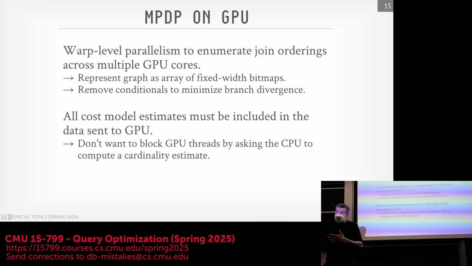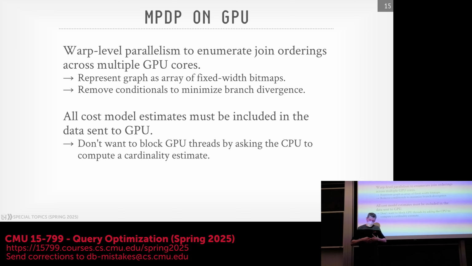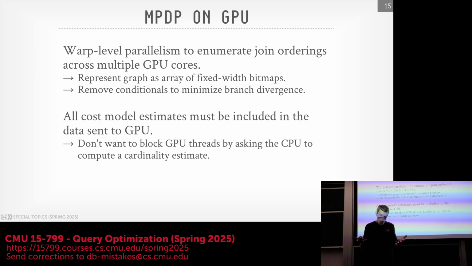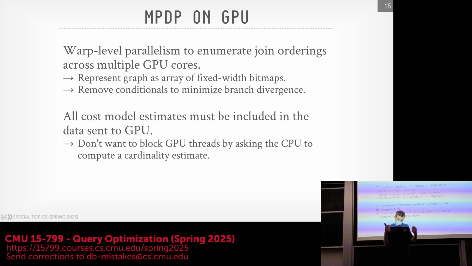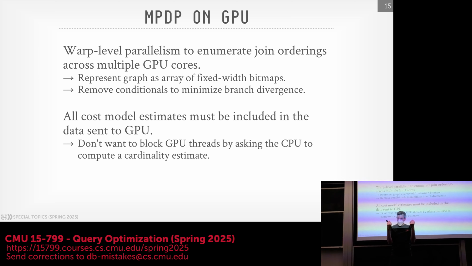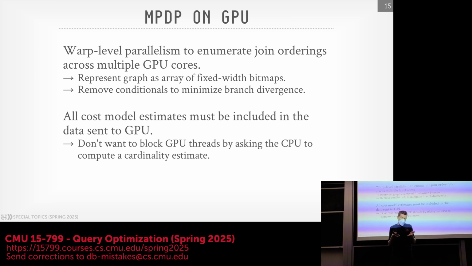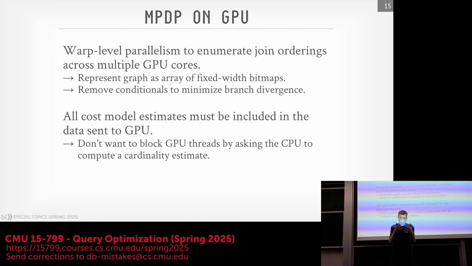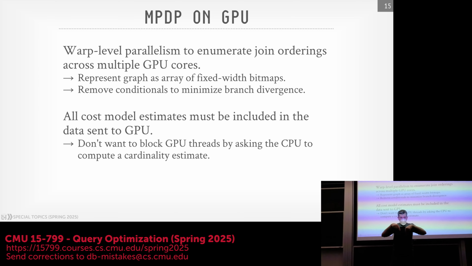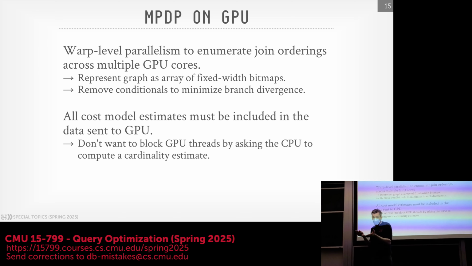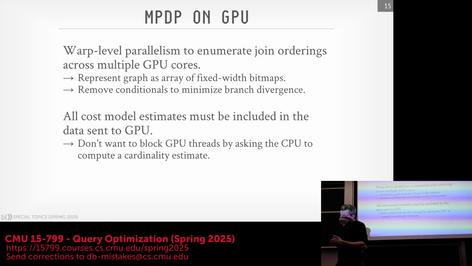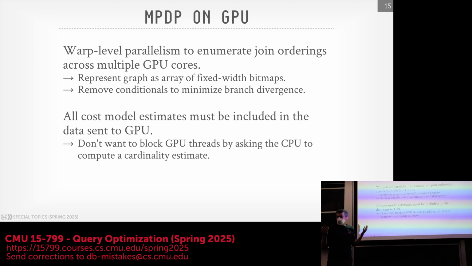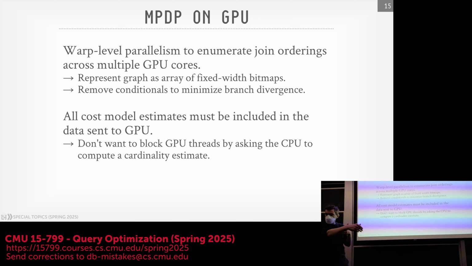If you remove all that and decide which enumerations to look at based on edges, so that you don't have to generate invalid join graphs, then you have sequential code that you can run in the GPU, and you don't worry about what is called branch divergence, where different threads within the same warp, a grouping of threads, are going down different code paths in the same code. My understanding is that then requires the GPU to execute them in serial order. So you lose all the benefit of having a GPU with thousands and thousands of cores, because you end up getting executed in single file.